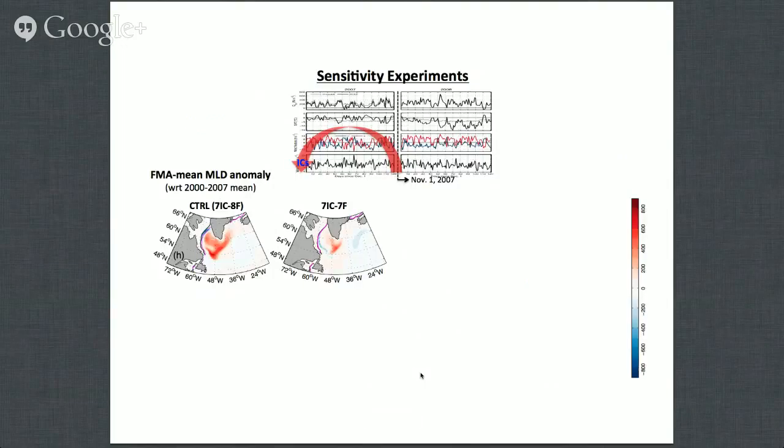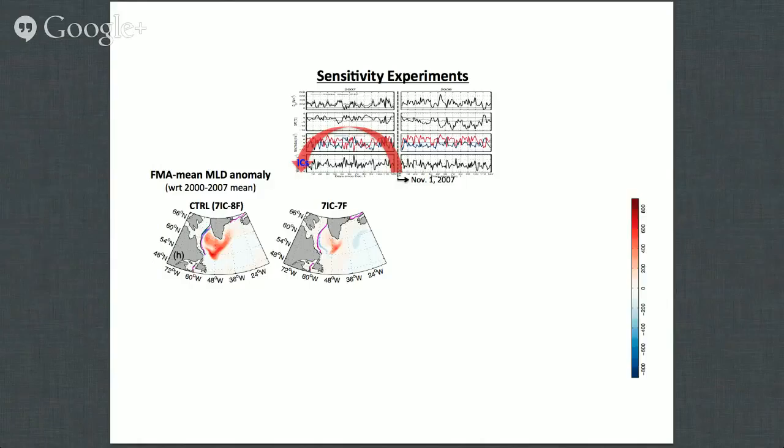I didn't talk much about the oceanic preconditioning part. I will show it later. But we first took the ocean initial condition from November 2007, prior to the 2008 winter. If we use this ocean initial condition forced with 2008 forcing, we still have this deep convection.